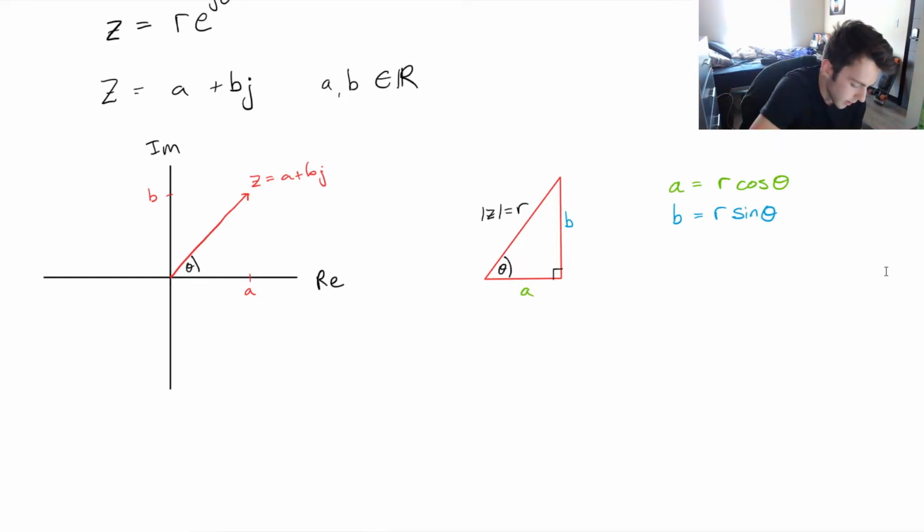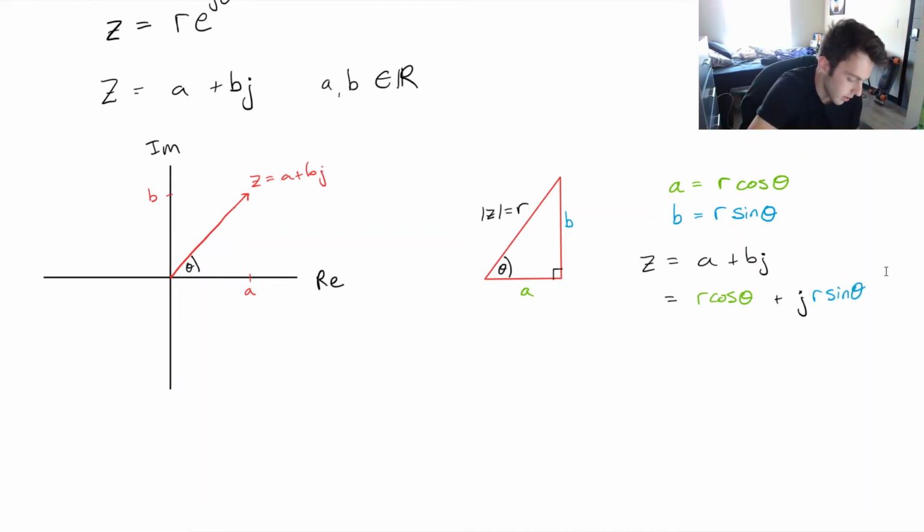So then I've got the form z equals a plus bj. Let me just replace these values. I've got r cos theta plus j times r sine of theta.